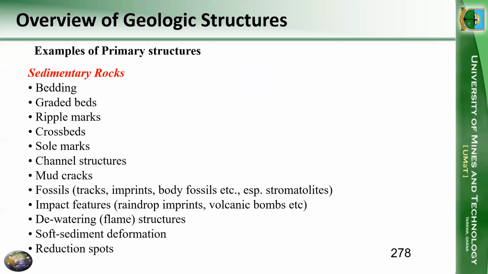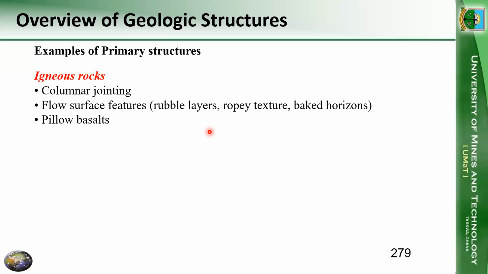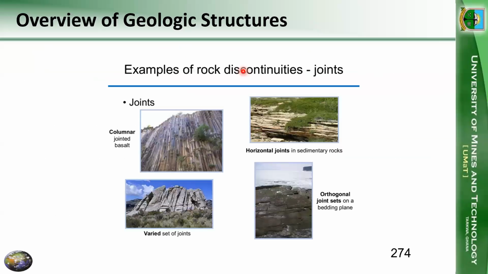Great. Then we could look at examples of primary structures in igneous rocks. Columnar jointing, and I believe I showed you examples of columnar jointing. So these are columnar joints in basalts.